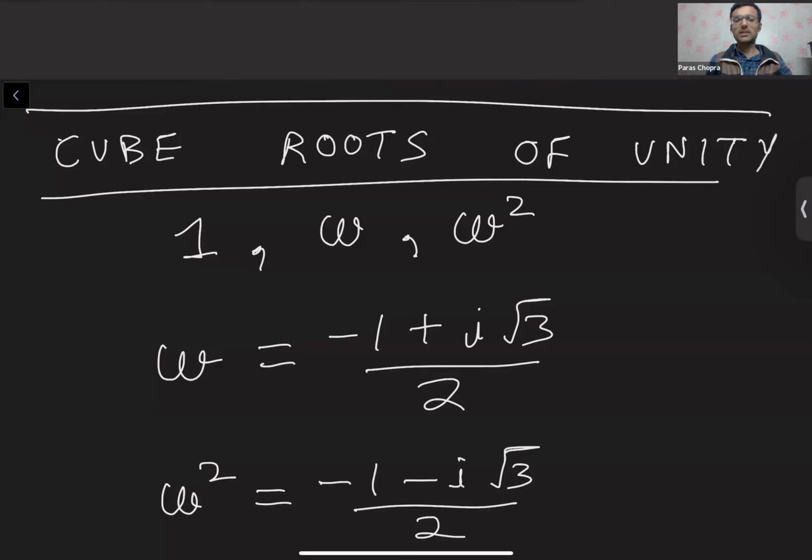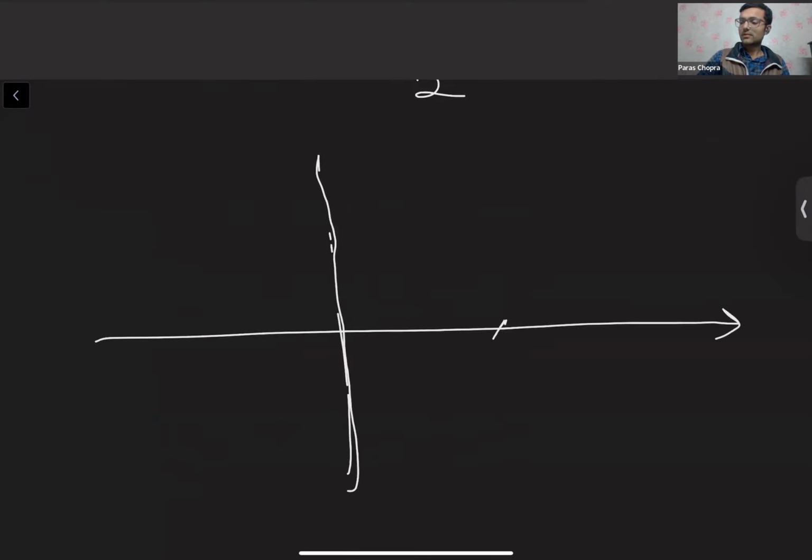इसको कॉम्प्लेक्स प्लेन पे ड्रॉ करो तो आपको समझ आ जाएगा अपने आप। When we draw it on a complex plane, the first cube root is just 1.